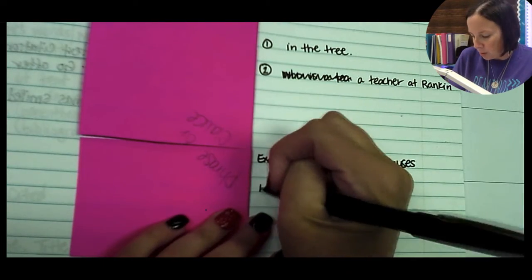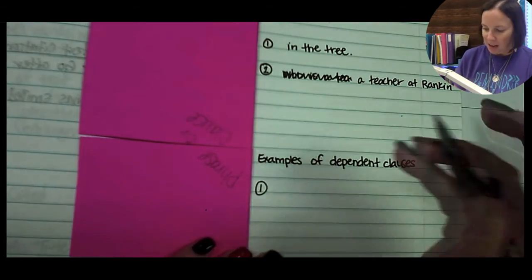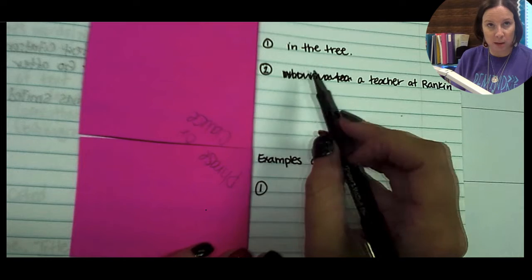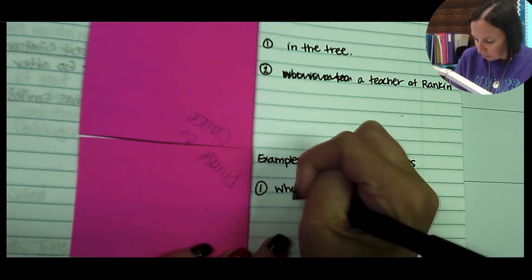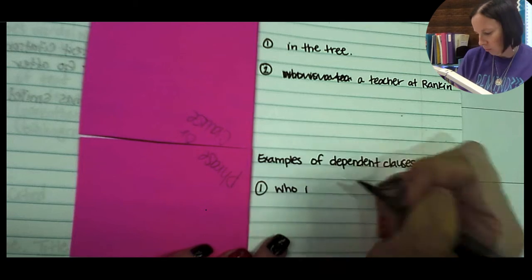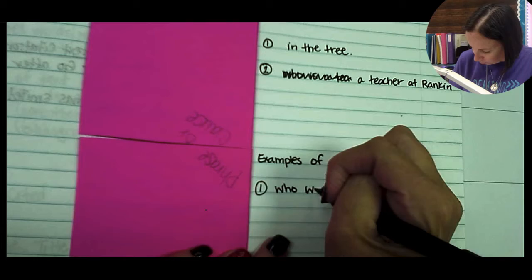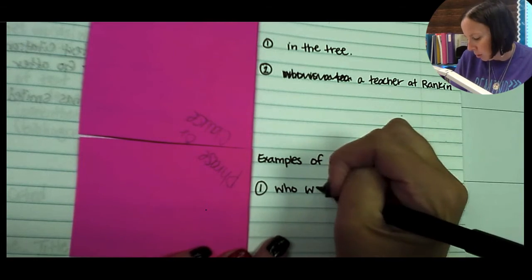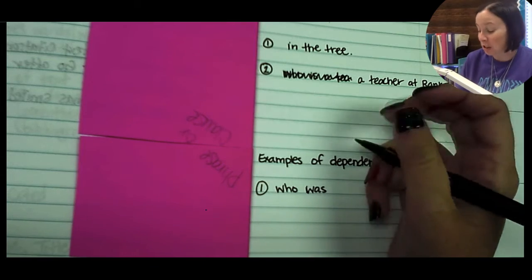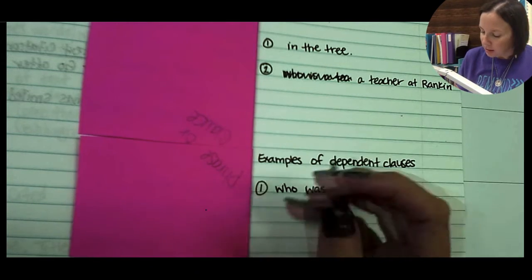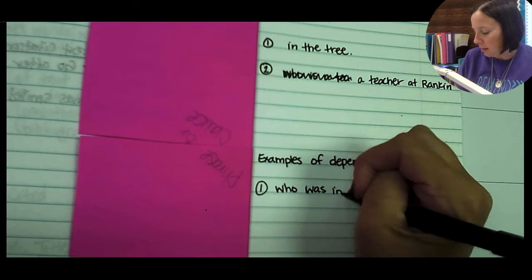So I'm going to take the words in the tree and I'm going to turn it into a clause. Okay? And remember up there where I was writing who? So I'm going to write who was in the tree.